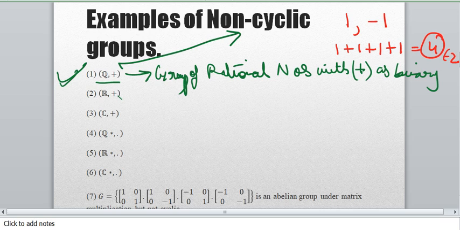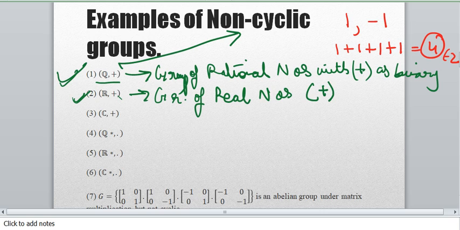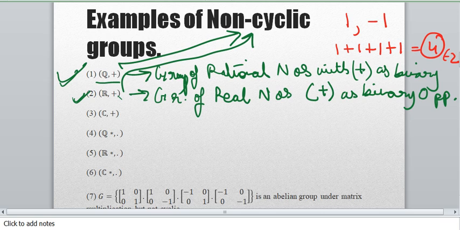Moving on to the next one, the group R of real numbers with addition as binary operator. This also is a non-cyclic group, isn't it?